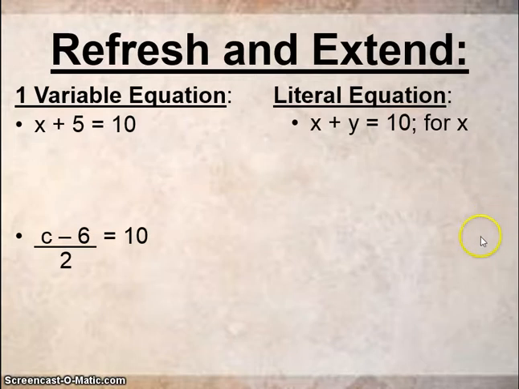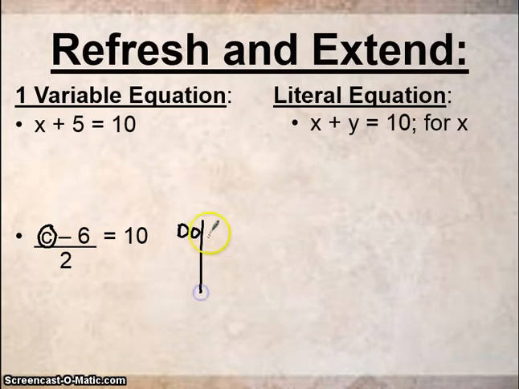Now, let's look at another example of a one variable equation and a matching literal equation. Our first example of a one variable equation is a two-step equation. It is a two-step equation because there are two operations acting upon our variable, which is the letter c. We have c minus 6 divided by 2 is equal to 10.